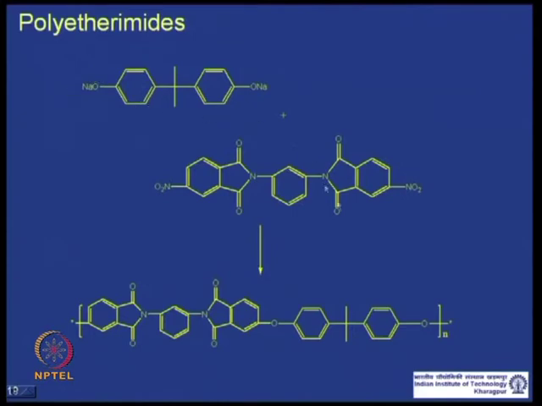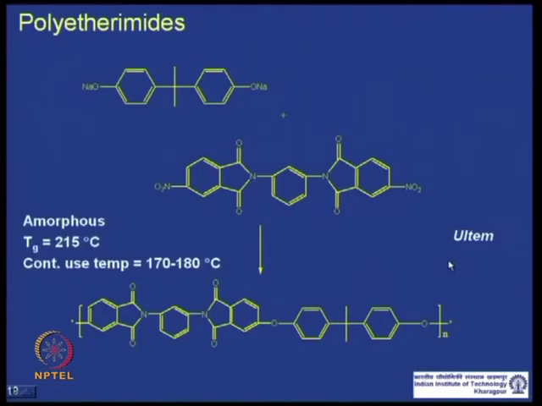Again this is the process of making polyetherimides, and these are again very high heat polymers. That means they can be used at very high temperature and they are known by the trade name of Ultem. They are amorphous, Tg is as high as 215 degree centigrade and their constant use temperature is between 170 to 180.